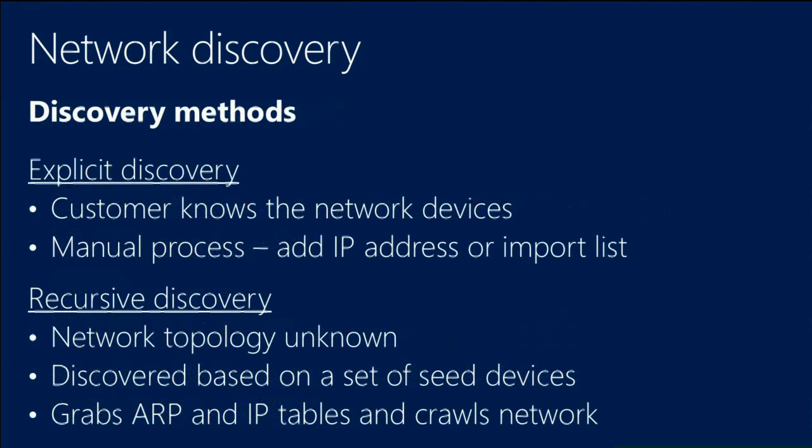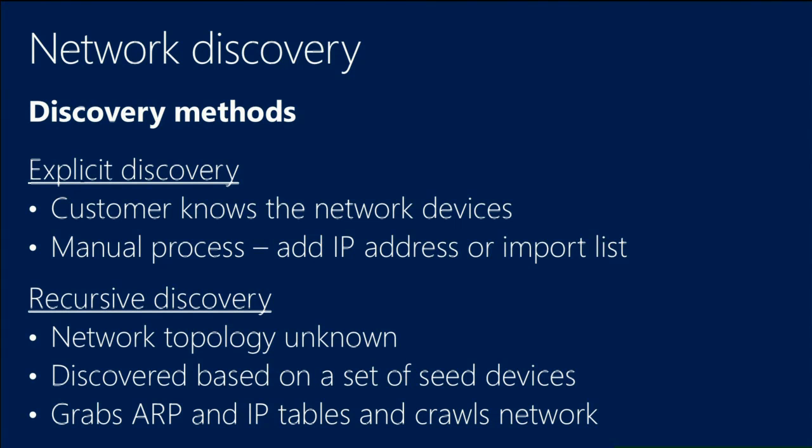Now, if you want to do discovery, you go into the interface and you want to add a device. There are two ways of doing so. There's what we call the explicit discovery, and there's recursive discovery. And with explicit discovery, it's actually where you add specifically every piece of information you know about the device.